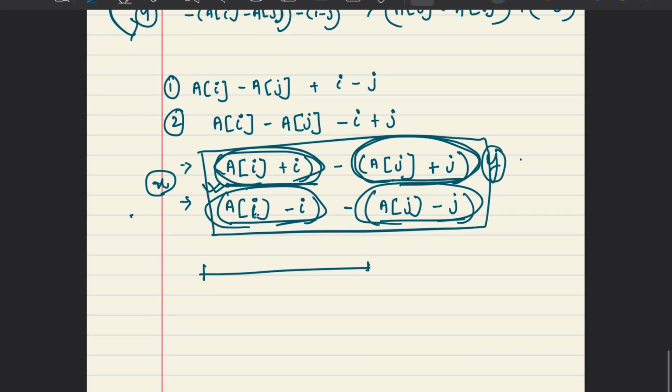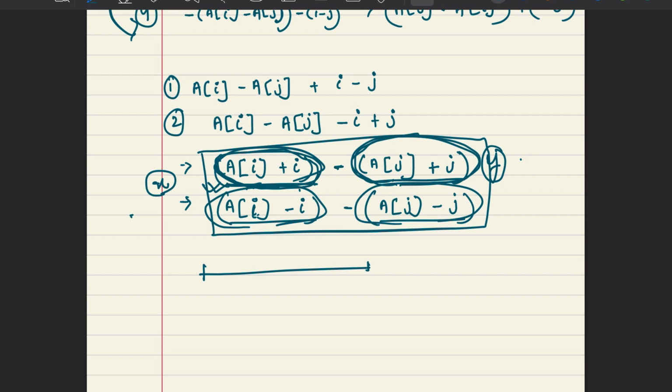That is the meaning of maximum possible difference, that is, maximum possible distance between them. So from all the sums of a of I plus I, we have to find the maximum possible sum of a of I plus I and the minimum possible sum of a of I plus I.